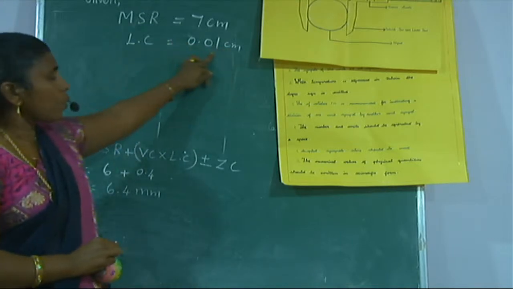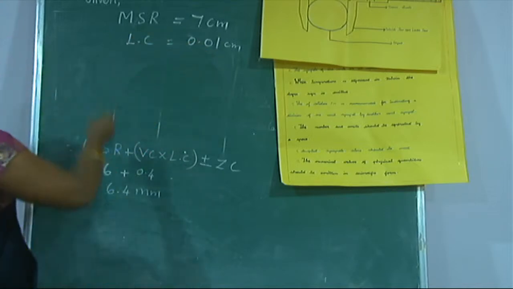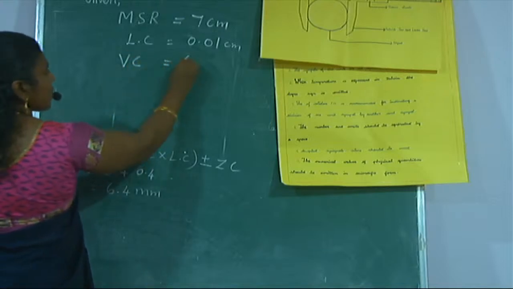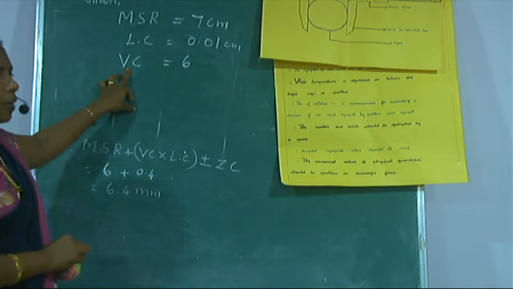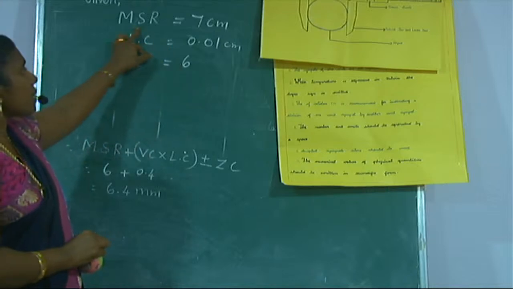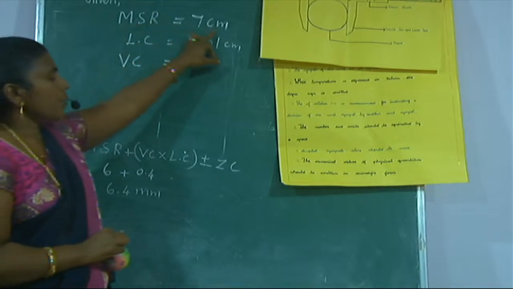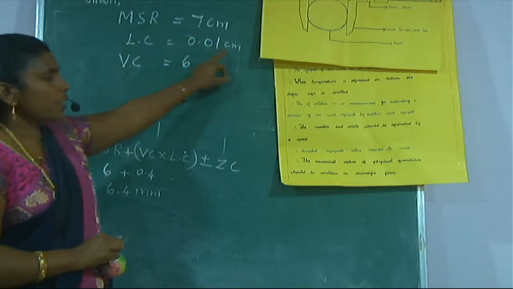They won't give this in the question; we have to write this value. Then VC is given: 6th division coincides. So MSR equal to 7 centimeter, and the least count we have to write as 0.01 centimeter.